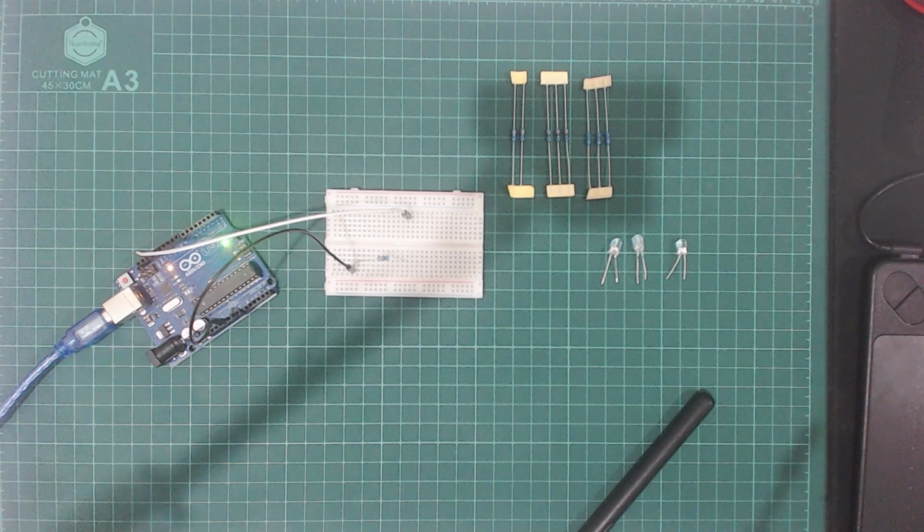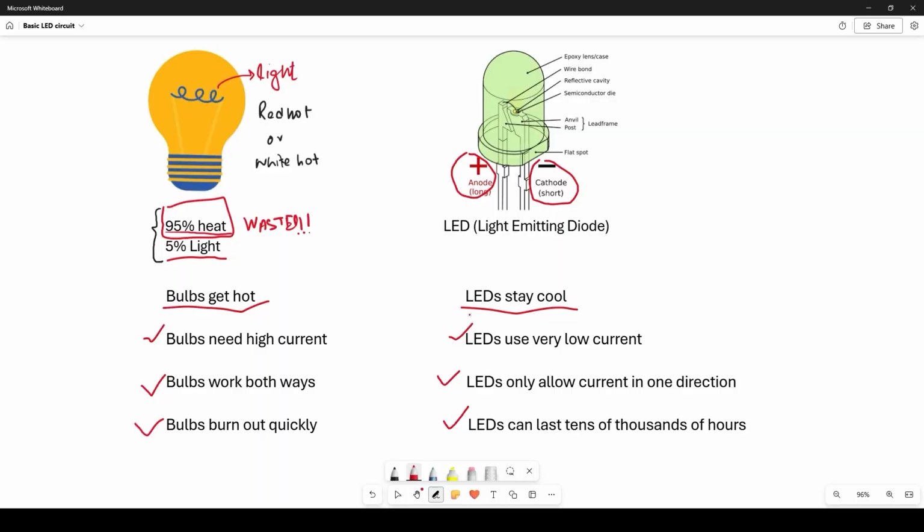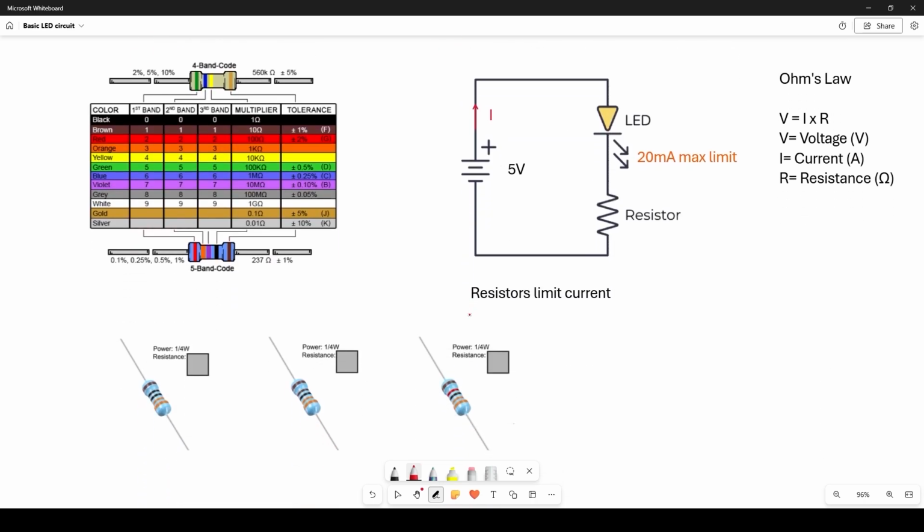To figure out the resistor values, let's switch to the whiteboard here. Find out what the resistor value should be for your circuit. You're going to use Ohm's law, which is V equals I times R. V is the voltage, I is the current, and R is the resistance. Let's say we have a 5-volt power supply.